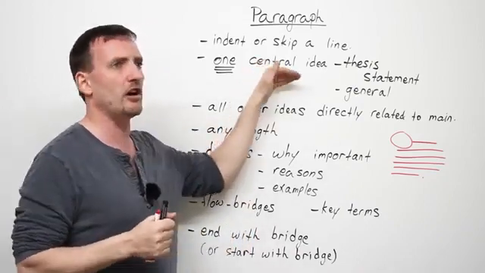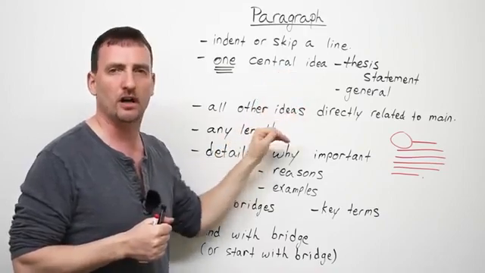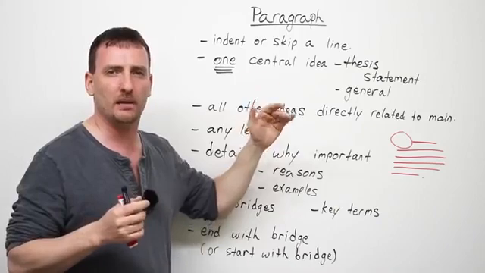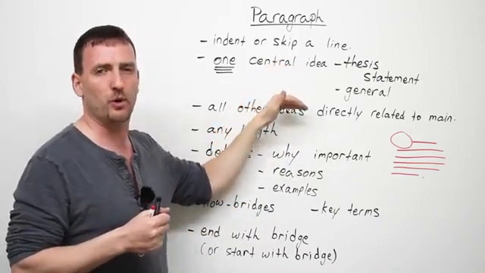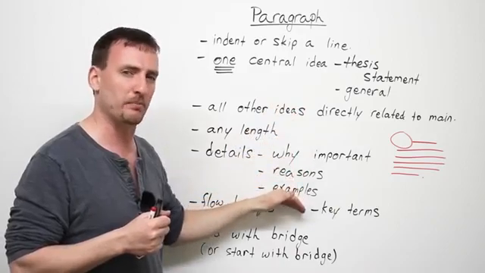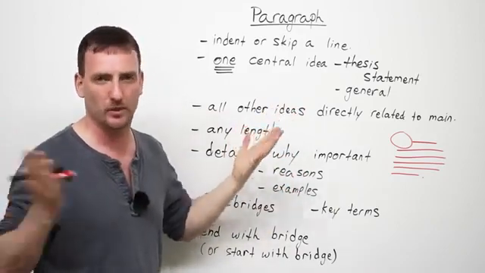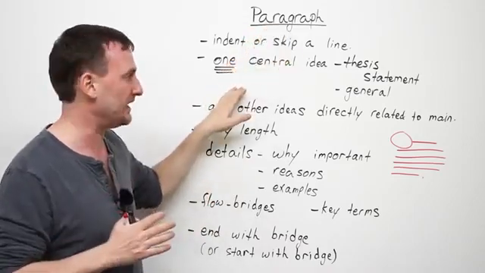So, for example, if you start a paragraph and you're talking about apples, continue to talk about apples. If you go to oranges, that's maybe okay because you're still talking about fruit. But if you start with apples, go to oranges, go to bananas, and then end up with monkeys in space, there's a bit of a problem. The reader has no idea what you're talking about. One paragraph, one central idea.